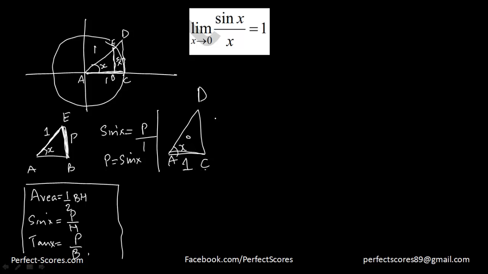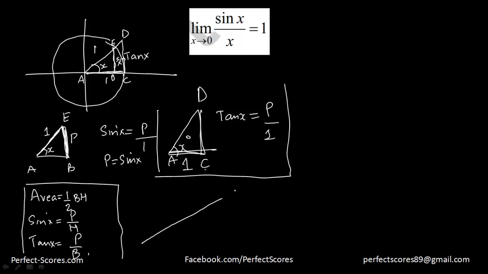From there, I can say that tangent of x is equal to perpendicular divided by base, which means this is equal to tan x. Fine. So this has now been established. If I draw these triangles again, this is x degrees, and this is A, this is C, this is D, and this is E. So this is sine x, and this is tangent x.